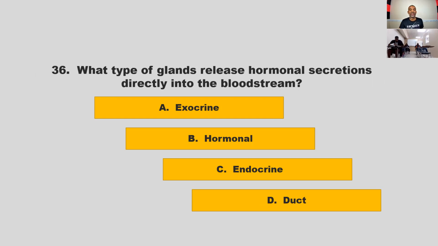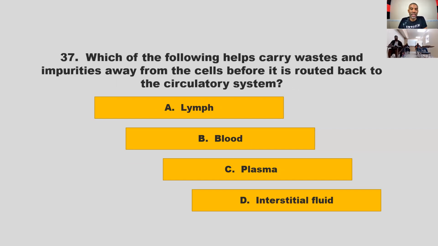And what type of glands release hormonal secretions directly into the bloodstream? Is it exocrine, hormonal, endocrine, or duct? C. That is correct, endocrine. Which of the following helps carry waste and impurities away from the cells before it is routed back to the circulatory system? Is it lymph, blood, plasma, or interstitial fluid?